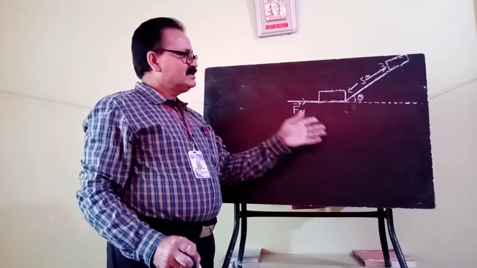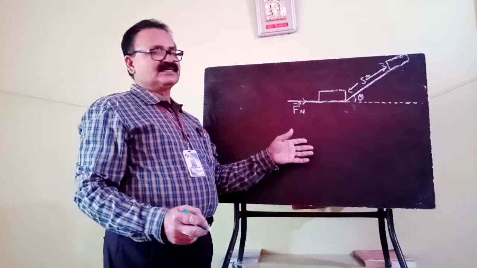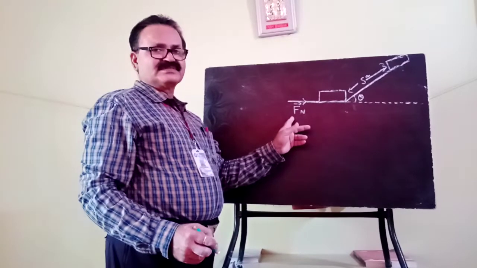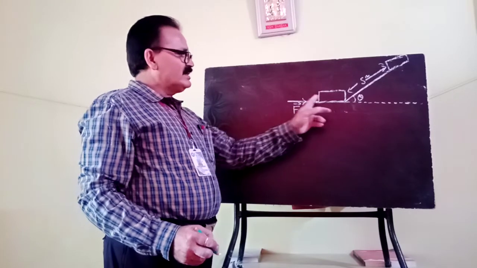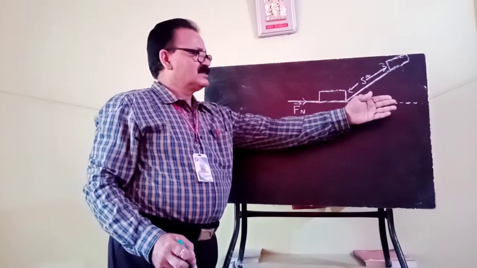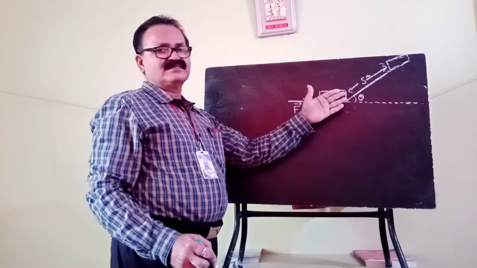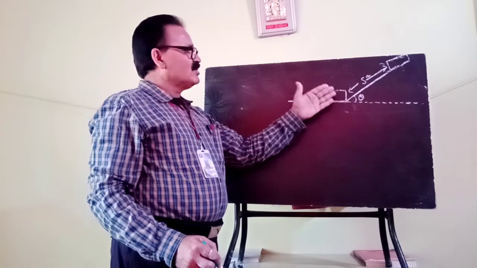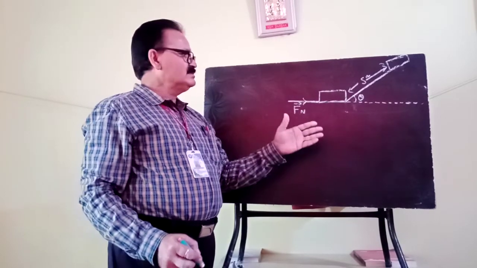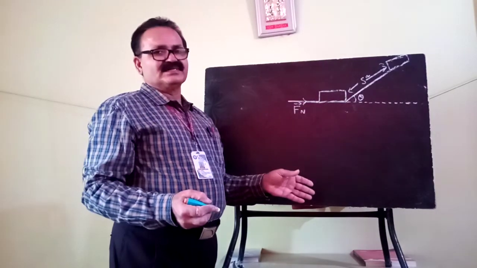What will happen? Now according to the definition, when a body is acted upon by force and the point of application of force gets displaced along the direction of force, or the component of the displacement along the direction of force, then work is said to be done.